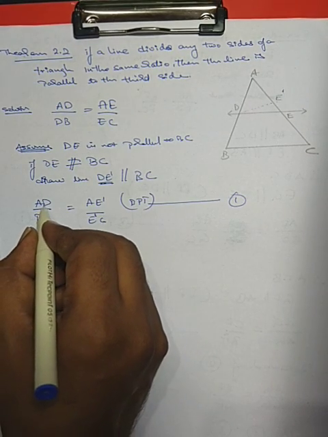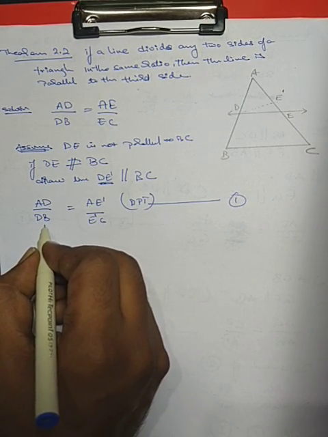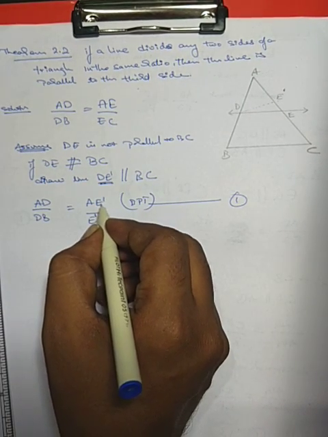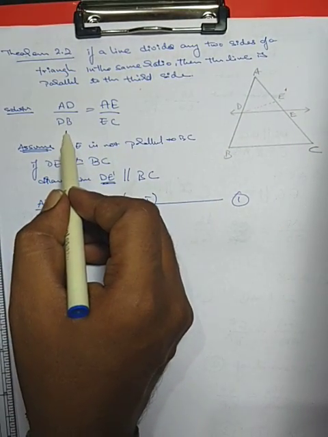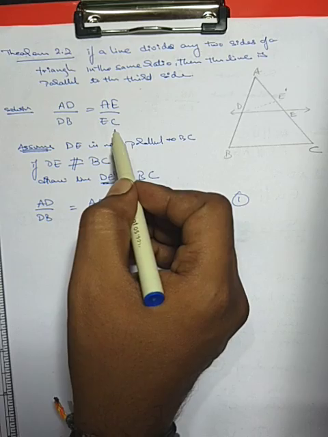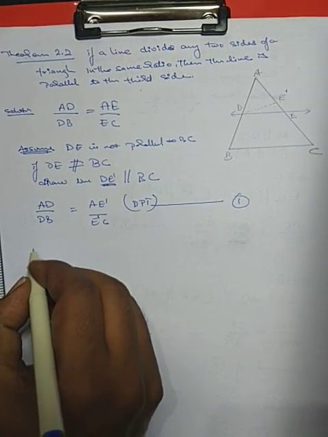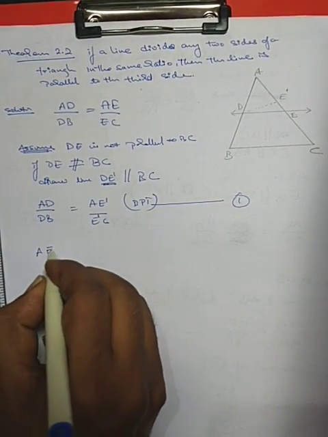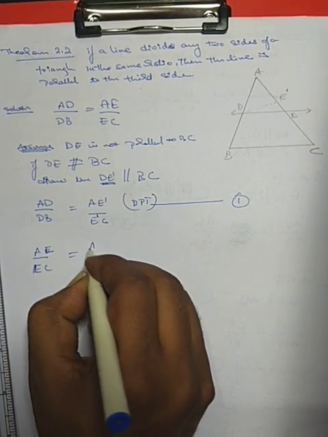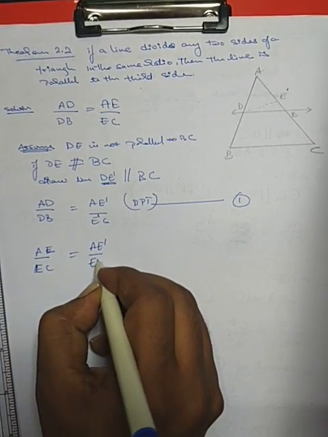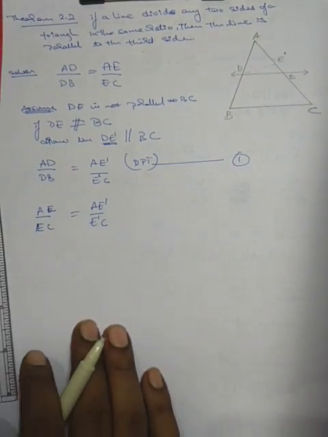So AD over DB is equal to AE dash over E dash C, and also in the given statement we had AD over DB equal to AE over EC. Therefore AE over EC is equal to AE dash over E dash C. How?